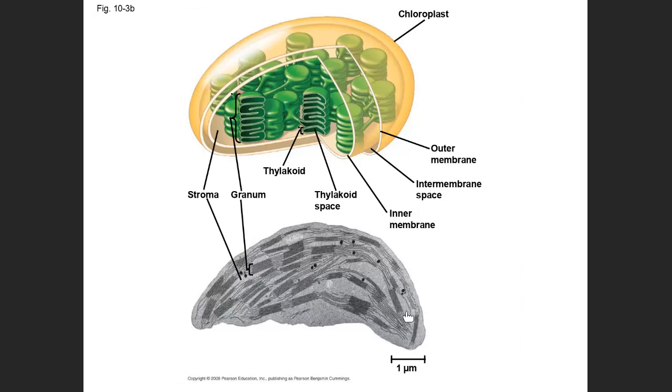Here we have an electron micrograph, a transmission electron micrograph, so we're looking at a cross-section inside of a chloroplast. And you notice there are some similarities to a mitochondrion, right? It's a membrane-bound organelle. It is another powerhouse for the cell. ATP gets made here.